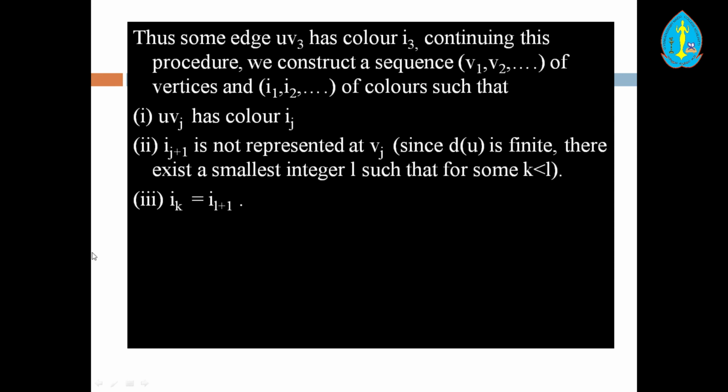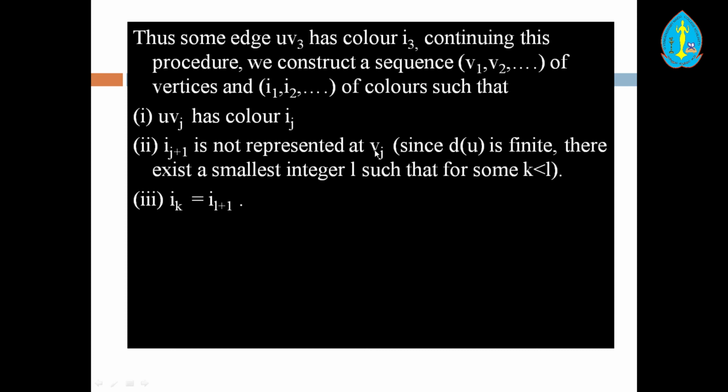Proceeding like this, some edge UV3 has color i3. Continuing this procedure, we construct a sequence of vertices V1, V2, etc. and colors i1, i2, etc. such that UVj has color ij, and ij+1 is not represented at Vj.